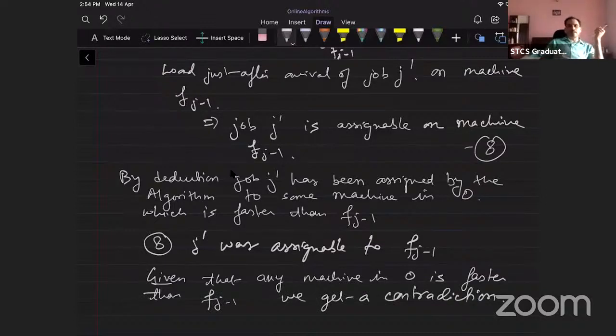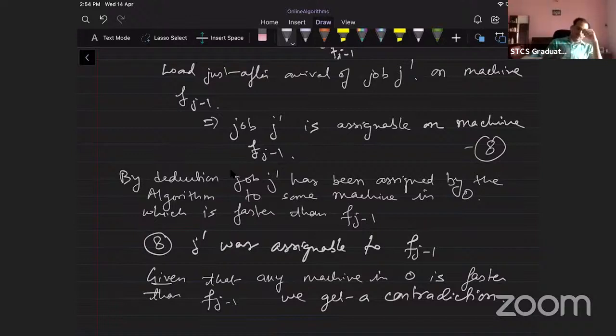So what has happened? By the deduction, we know that this job j prime was assigned to some machine in O by the algorithm. By alternate means, we have also shown that this same job j prime was assignable on machine fj minus 1, whose speed is slower than any machine in O. By the definition of our algorithm, if there are two machines to which a job is assignable, the algorithm will assign the job to the slower of the two machines.